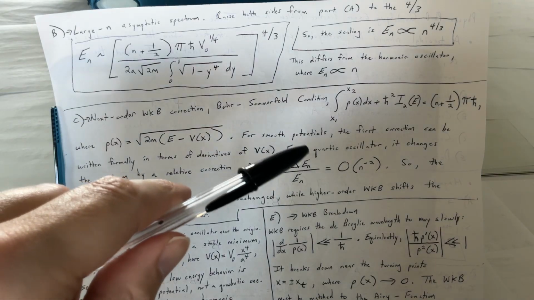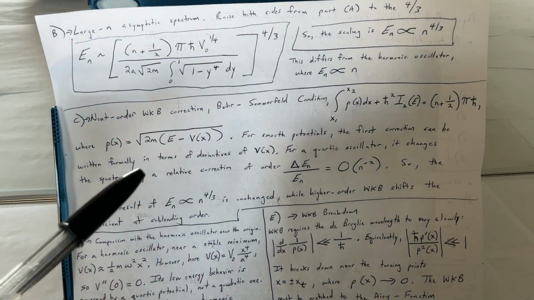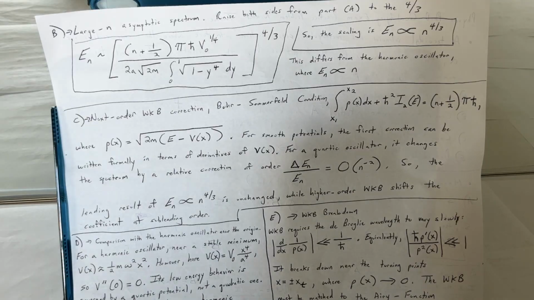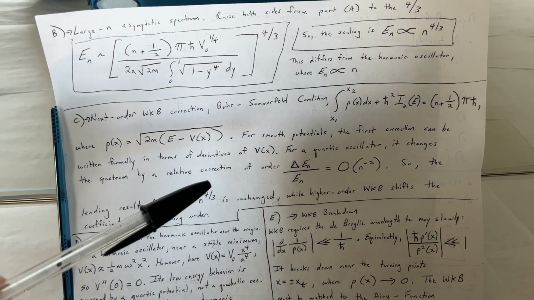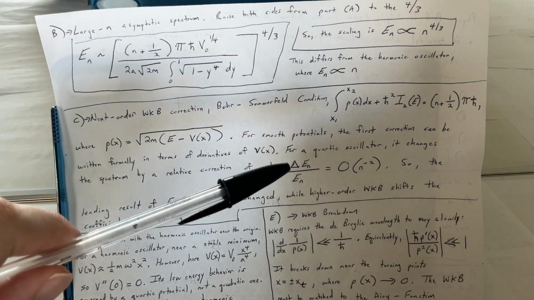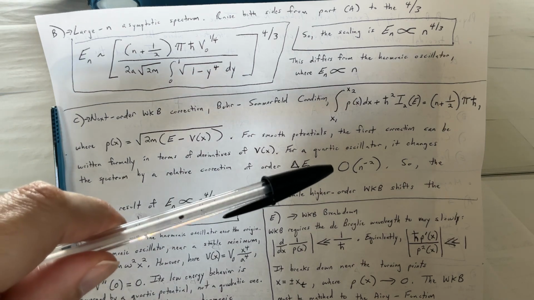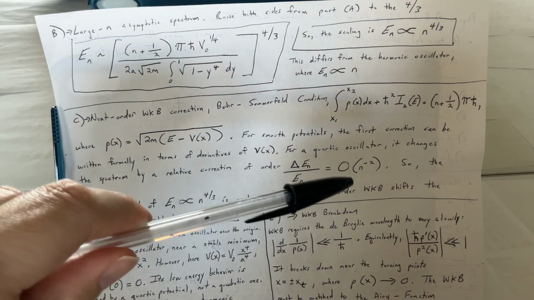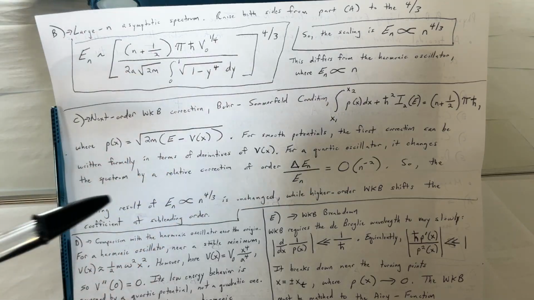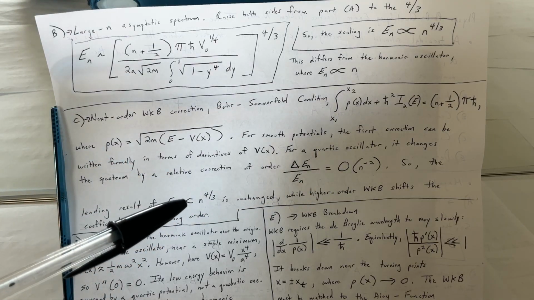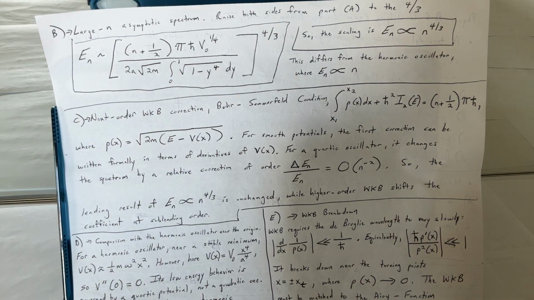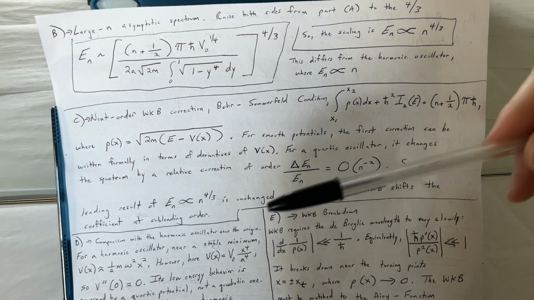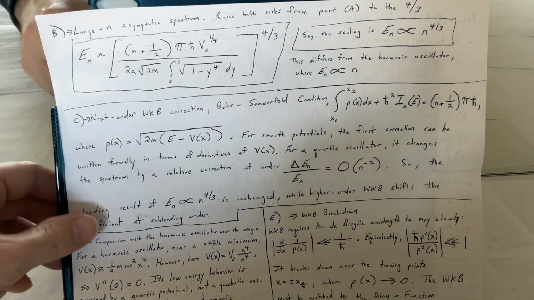And for smooth potentials, the first correction can be written formally in terms of derivatives of V of x. And for a quartic oscillator, it changes the spectrum by a relative correction of this order. Change in E sub n over E sub n is of order n to the negative 2. So the leading result of E sub n proportional to n to the 4/3 happens to be unchanged, while the higher order WKB shifts the coefficient at subleading order for this one.